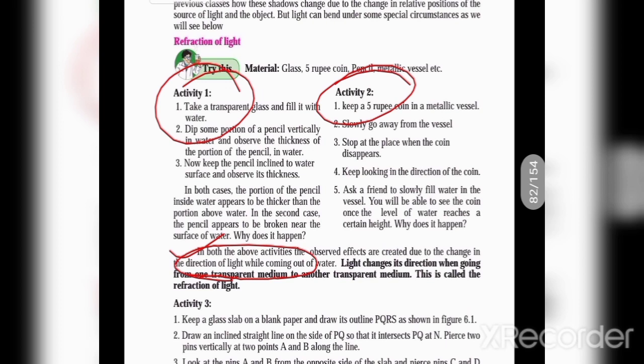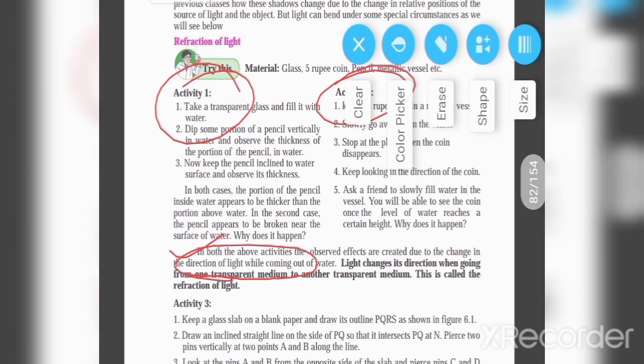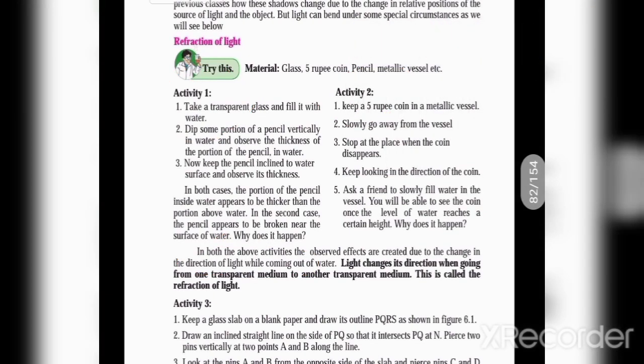Here is given a very important definition of refraction of light. What is the definition? Light changes its direction when going from one transparent medium to another transparent medium. This is called the refraction of light.